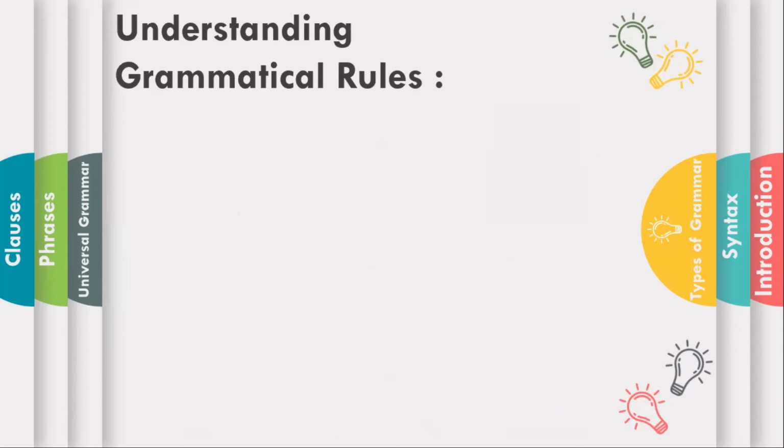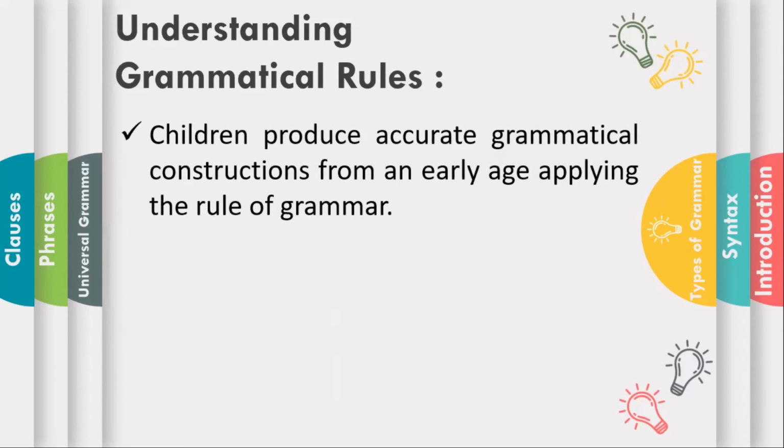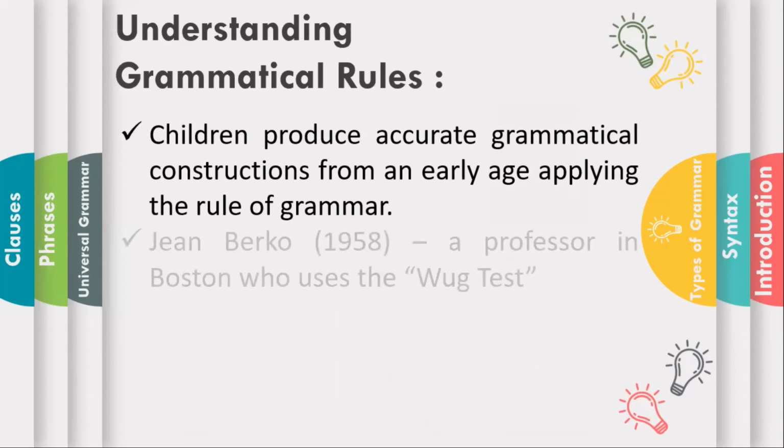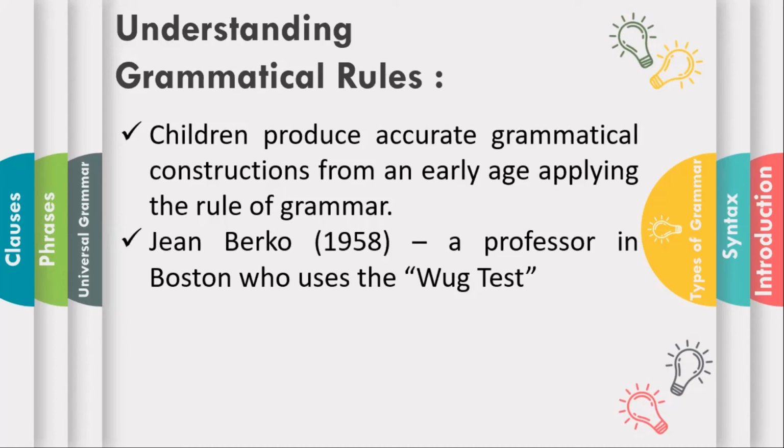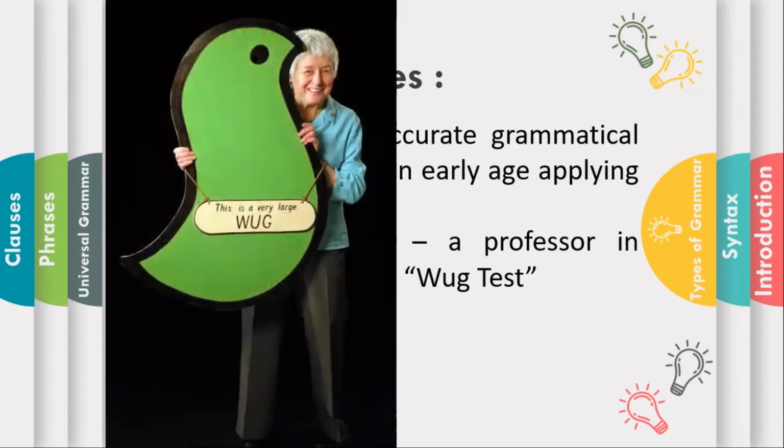Next is understanding grammatical rules. Children produce accurate grammatical constructions from an early age, and researchers have tried to determine if they have learned this themselves or have copied adult speech. So a famous experiment was carried out by Jean Berko in 1958, who showed children pictures of fictitious creatures he called wugs.